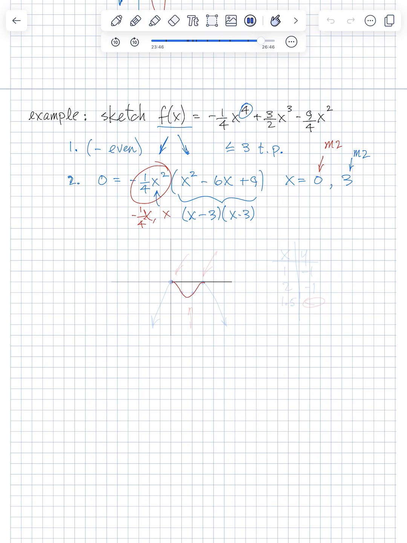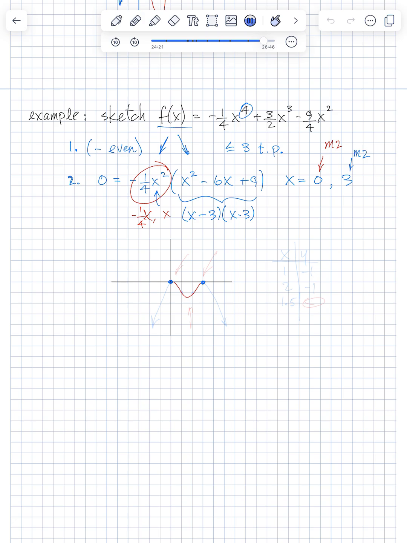So let's go ahead and give us a coordinate system, and we want to graph it. So let me do a straight line here and here. First thing we do is we identify, or we put in our zeros. So we have 0 at x equals 0 and at x equals 3.